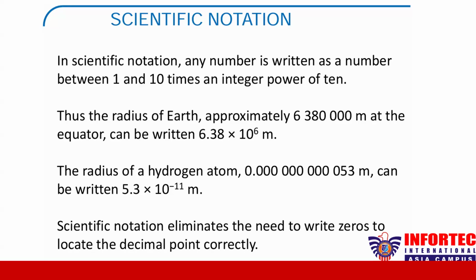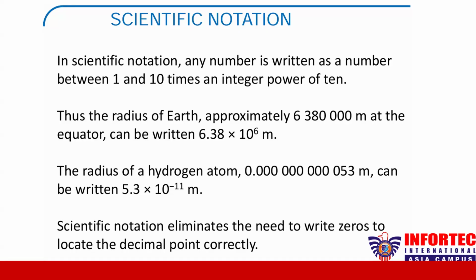As an example, you can see on my screen the radius of Earth is approximately 6380, with some zeros here, meters at the equator. We can write this in scientific notation.